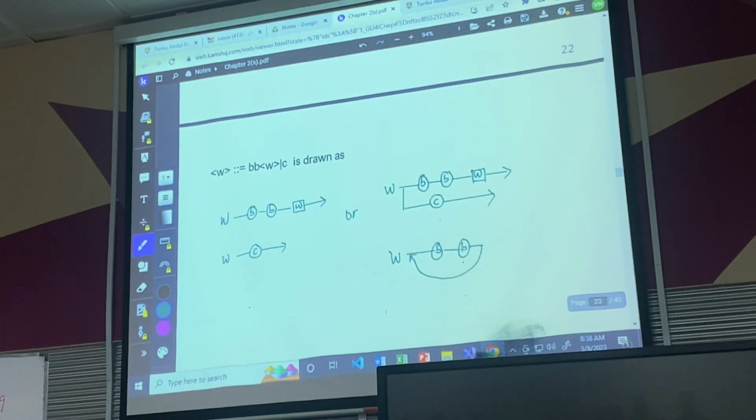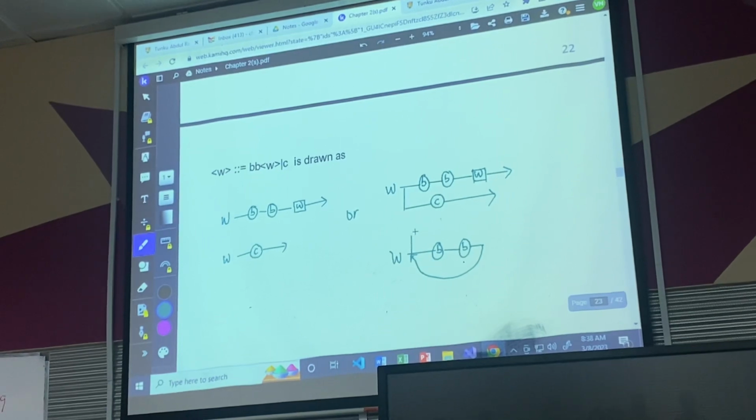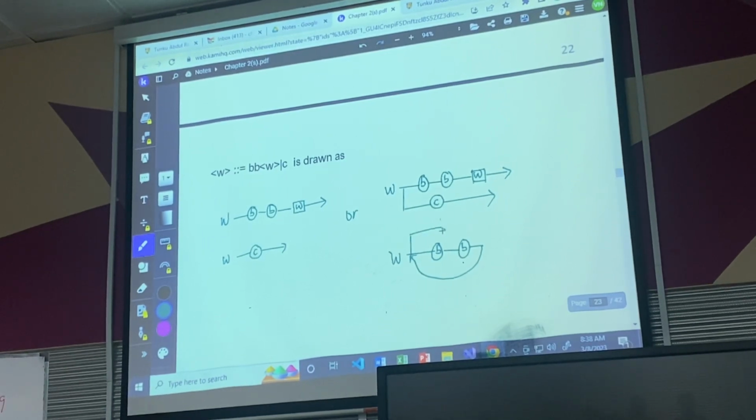This one looks back to W, then C needs to go out. Like this. No, actually, because there are two terminal B's, right? So I write one B and then write the W, but that one single B will loop back to itself.